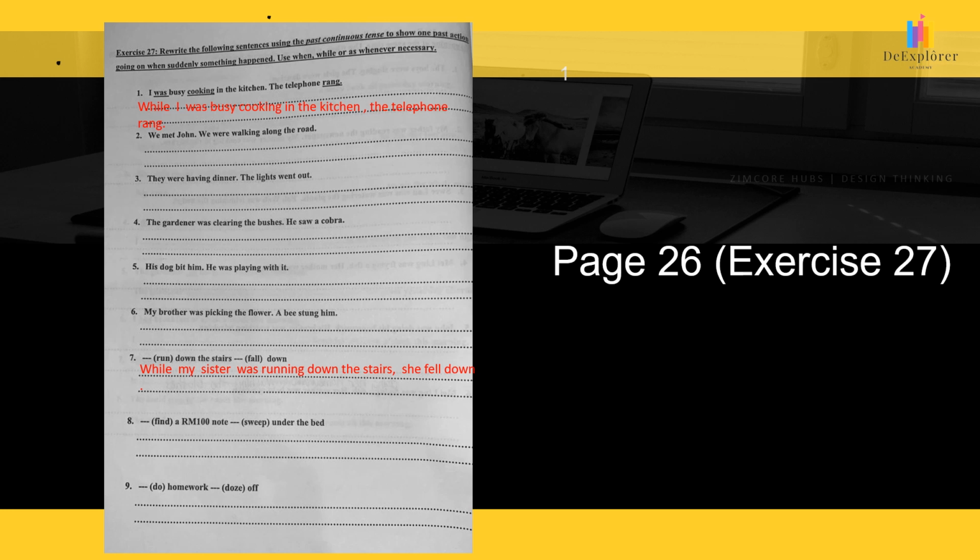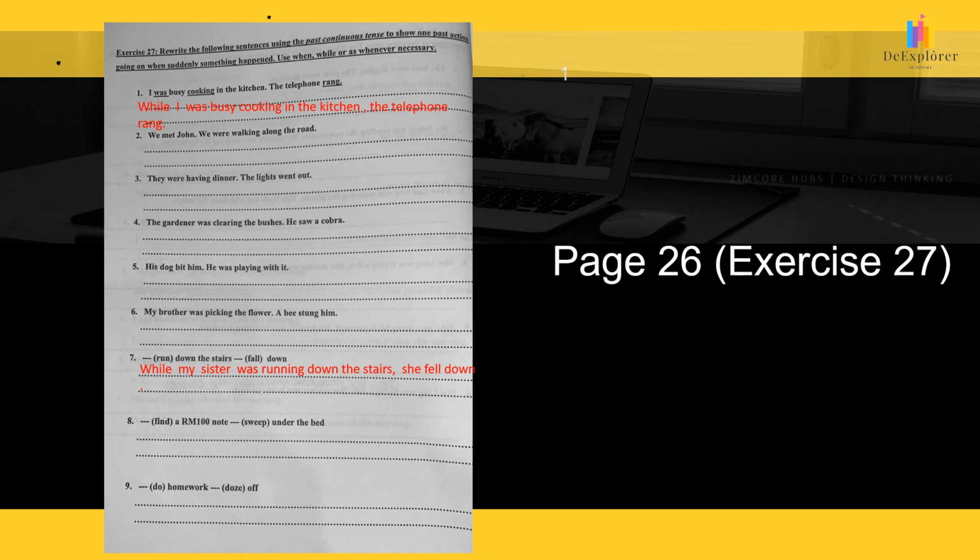Do homework, doze off. 做功课 doze off 就是打瞌睡，睡去的 doze off. So which is the action going on? 正在做功课，突然睡去。Okay, those doze off.